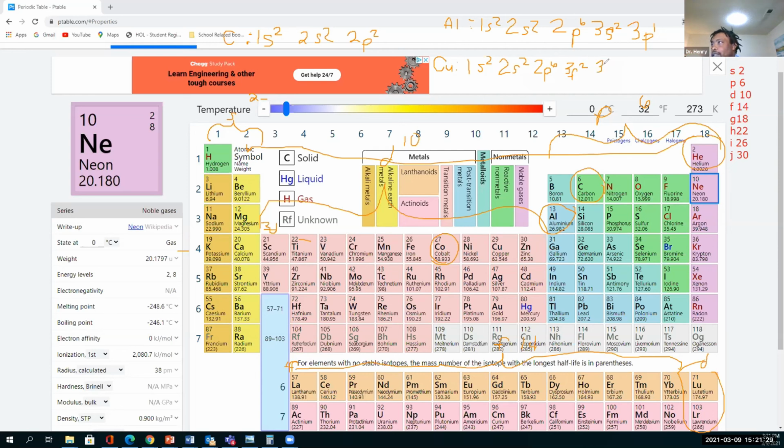Then we have 3p6. And then we have 4s2. Then it would be 3d, 1, 2, 3, 4, 5, 6, 7. Wait, Dr. Henry, did you mean cobalt or copper? I meant copper. Sorry, I said cobalt. I circled cobalt. Good eye. So that's 1, 2, 3, 4, 5, 6, 7, 8, 9.